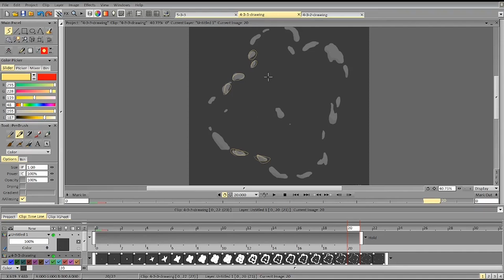It makes it less appealing, and you can make them more interesting to keep an interesting composition, keep interesting shapes.